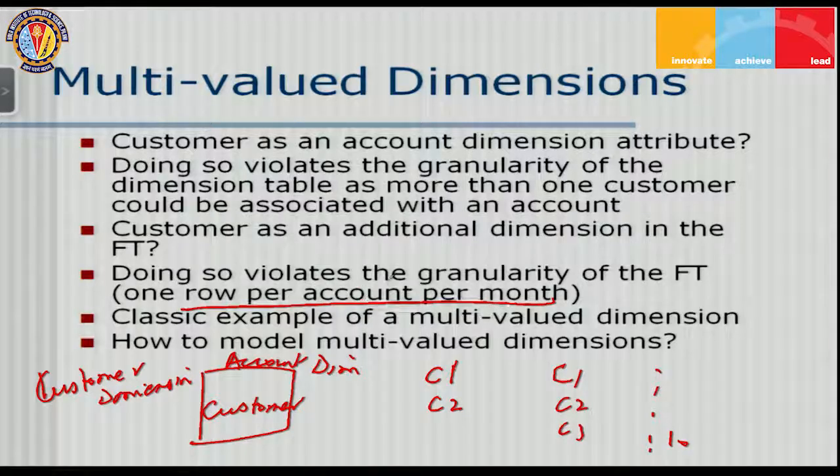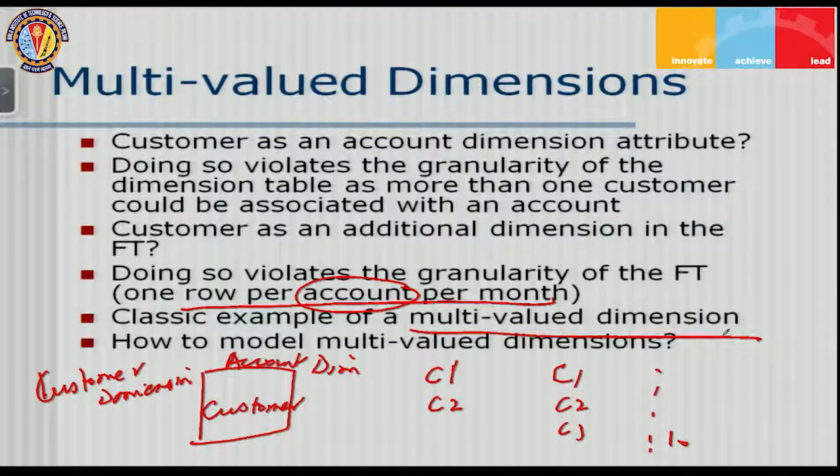The fact tables are all with respect to accounts, and there could be multiple customers associated with a particular account. So if I model it as a dimension, then also there is a problem. This is a classic example of a multi-valued dimension. Now the question arises: how do we model such a situation?